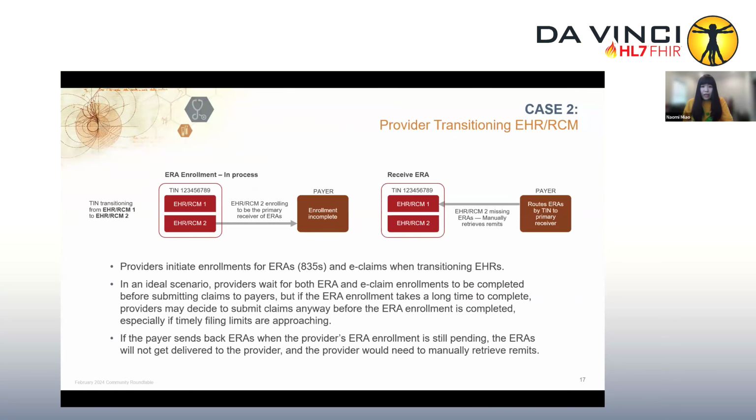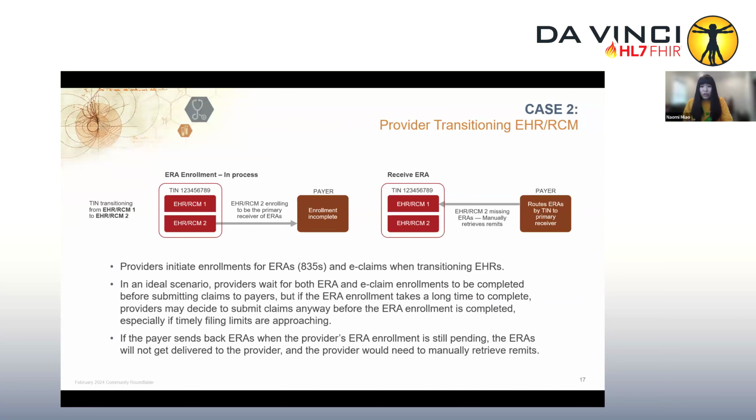Another issue that contributes to the missing remits problem is that the same issue can occur when providers are in the process of transitioning from one EHR RCM billing system to another. That's when, again, remits tend to get lost and don't get sent to the right place.